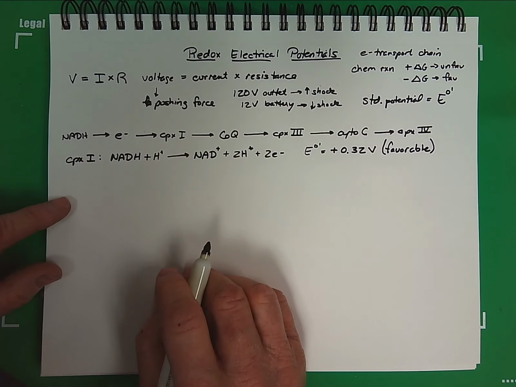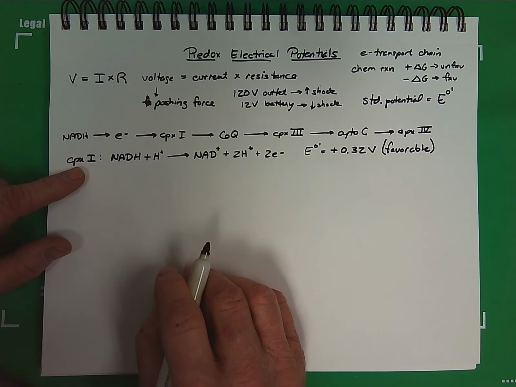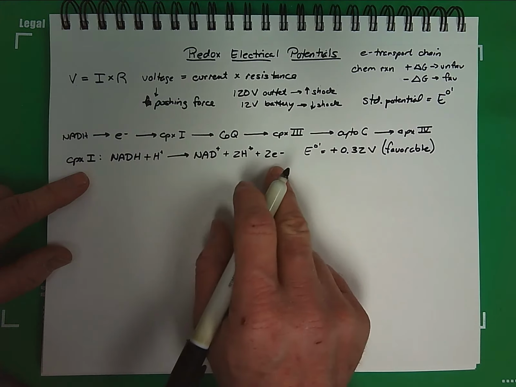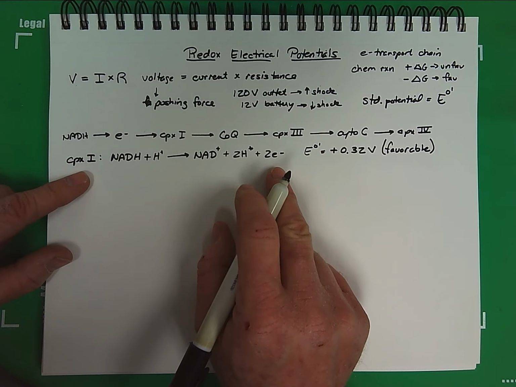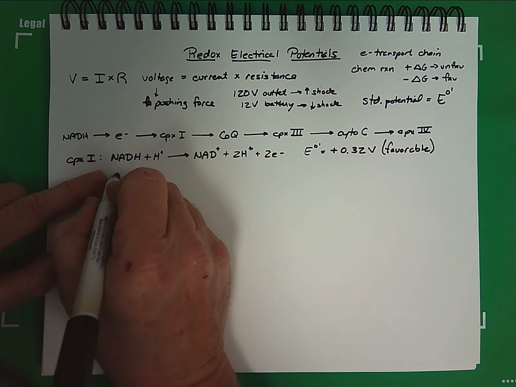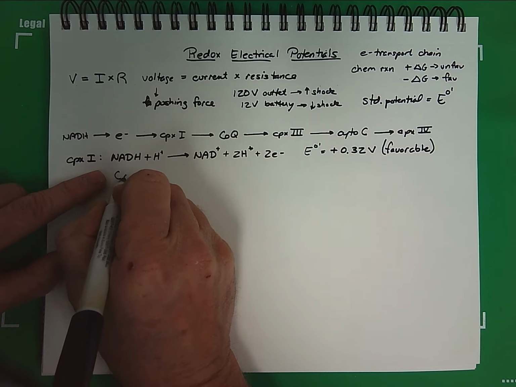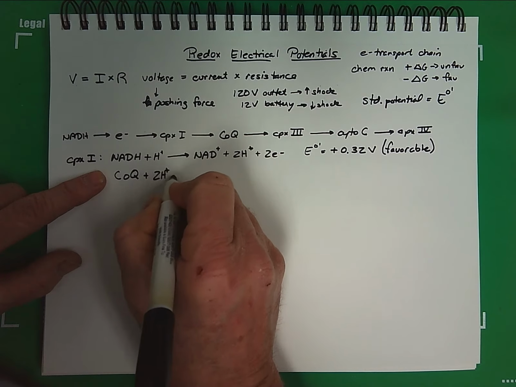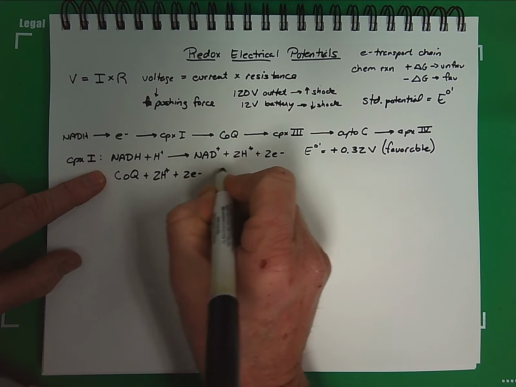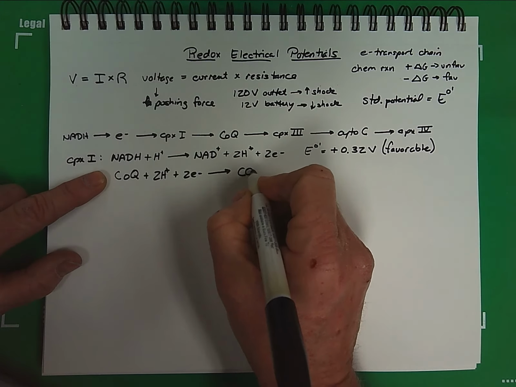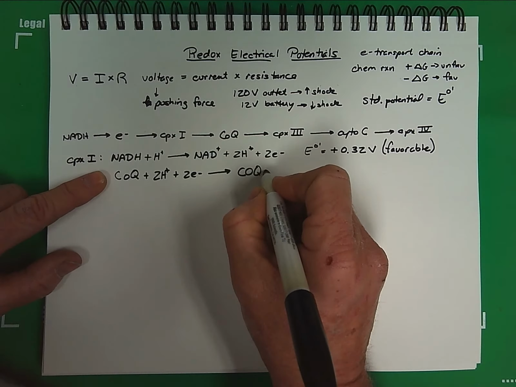Now, the next step for complex 1 is to take this reaction and bring this to CoQ. So that particular reaction, in order to reduce CoQ, is going to be CoQ plus 2 protons plus 2 electrons. Here's our electron movement. And we are going to have a reduced CoQ.